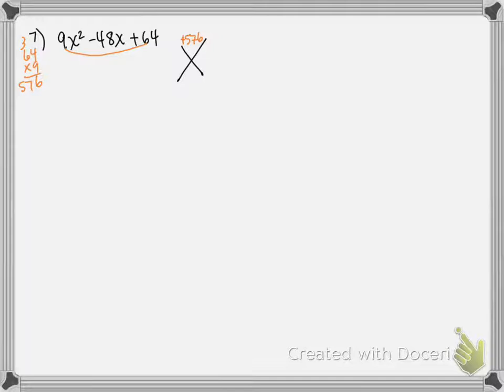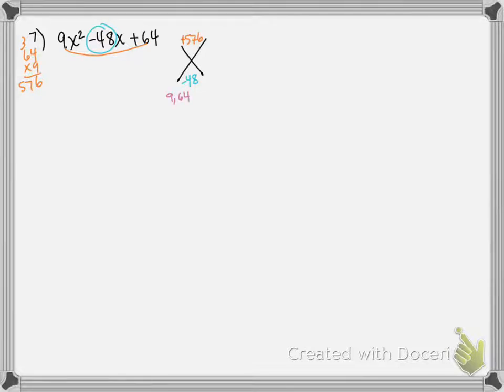And then we're going to grab this guy, negative 48. Now, 576, man, I don't know that. So let me think about what that's all about. If we start with the two factors that we were given, 9 and 64.